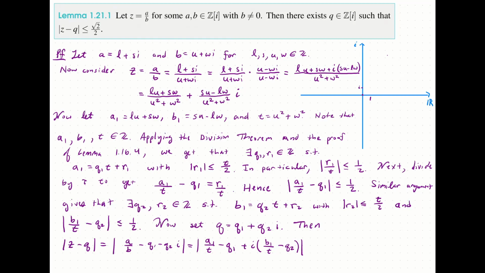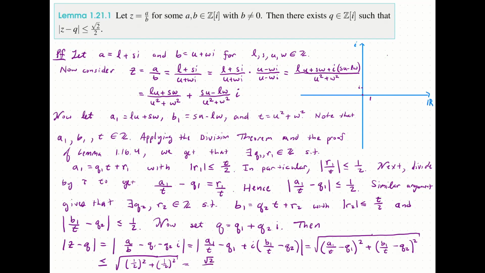But now the modulus of this is going to be the square root of a1 over t minus q1 quantity squared plus b1 over t minus q2 quantity squared. But we already know that these are both at most 1/2. And so here's where the inequality comes in. So we know that this is going to be at most the square root of 1/2 quantity squared plus 1/2 quantity squared, which is going to be equal to root 2 over 2 upon simplifying. And we are now done.